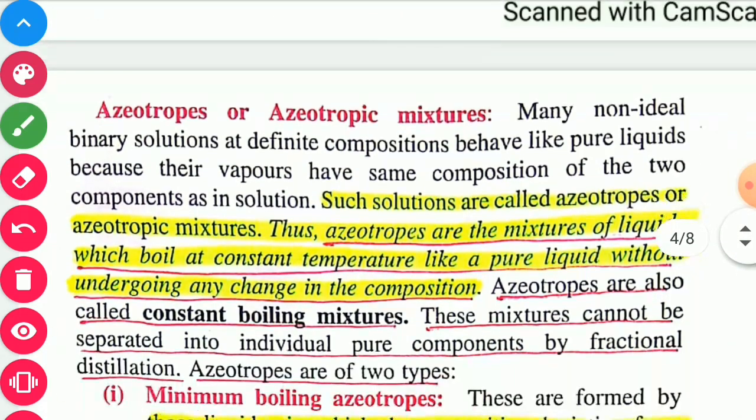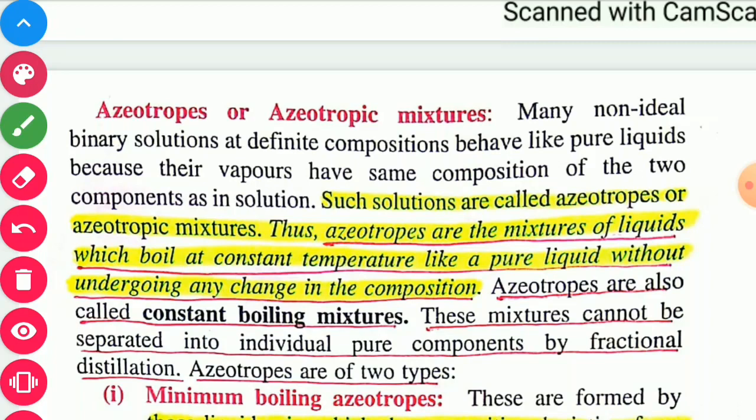Now next point, azeotropes or azeotropic mixture. Azeotropes or azeotropic mixtures are such binary solutions which consist of components with identical boiling point, means in the solution, whatever components are present have the same boiling point at a certain composition.